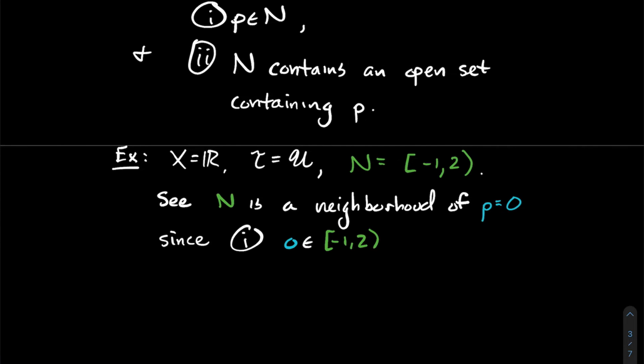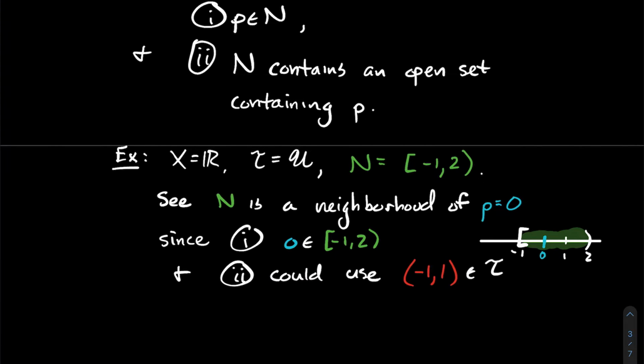So anyway, 1, well, 0 is definitely inside this interval from -1 to 2. I've got a picture for you there, just to help you visualize it. And the other thing I need to check is little Roman numeral 2. Well, you just need to find me some open set that contains 0 and is contained inside of your interval there. So if I'm looking at that green interval, can I just draw some nice open set that contains 0 and still fits in the green?